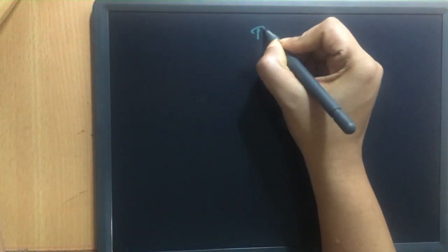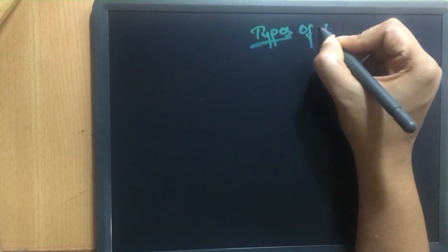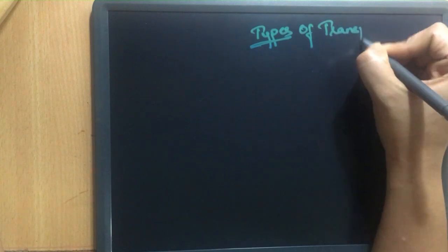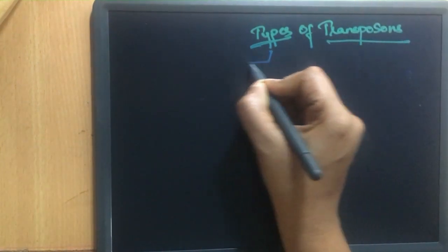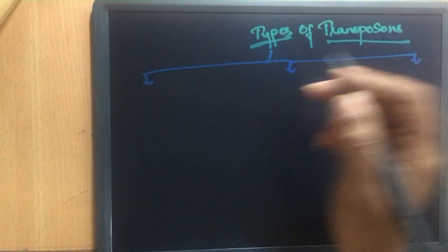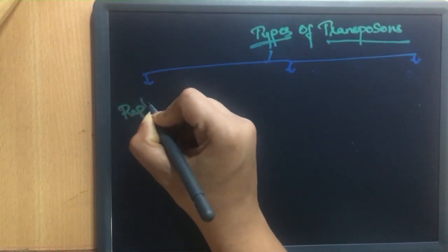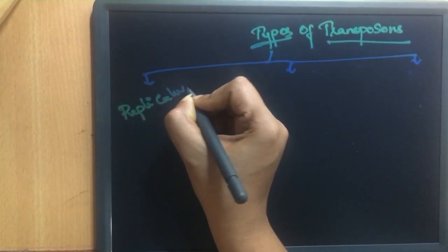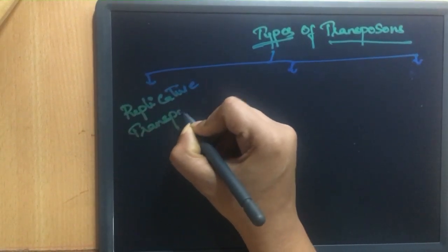Now let's look at the types of transposons. Basically there are again three types. The first one is replicative transposons.